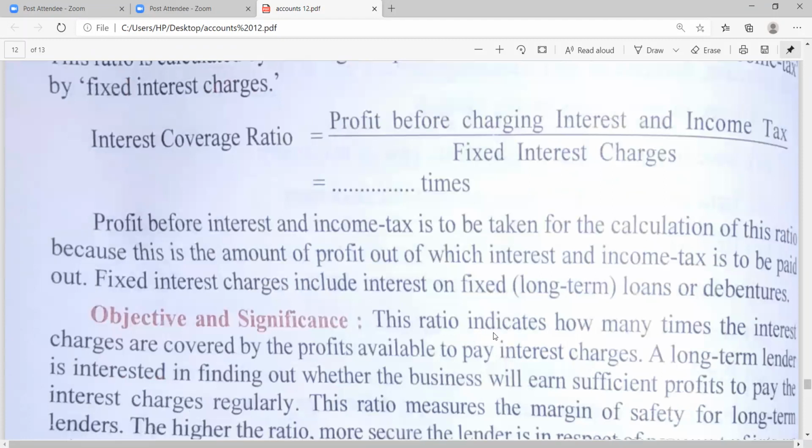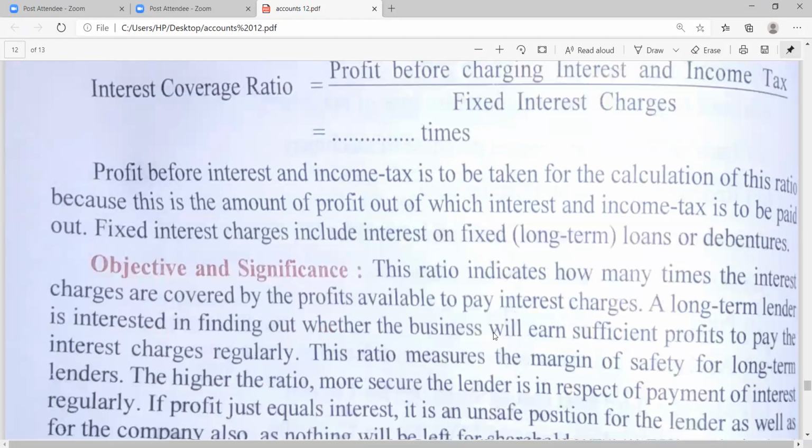A long-term lender is interested in finding out whether the business will earn sufficient profits to pay the interest regularly. This ratio measures the margin of safety of the long-term lenders as well. The higher the ratio, the more secure the lender is in respect of payment of interest regularly.